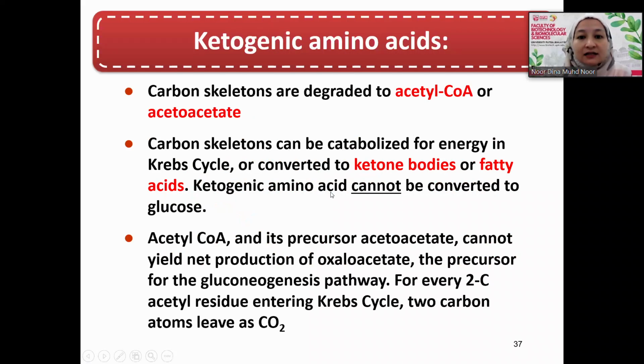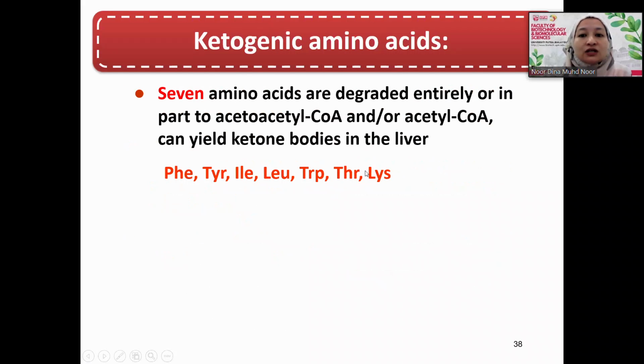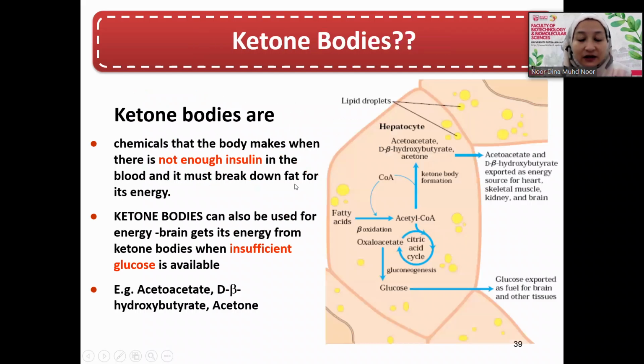So we have 2, leucine and lysine, which are strictly ketogenic, and another 5 listed here, which can be both ketogenic or glucogenic. So the ketogenic amino acids are 7 in total.